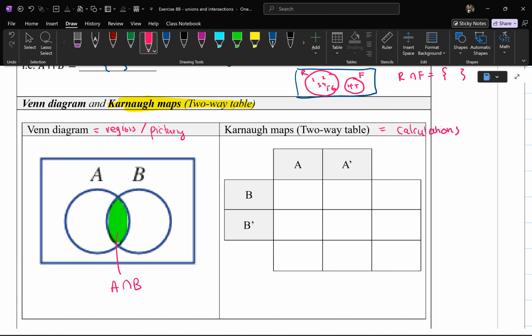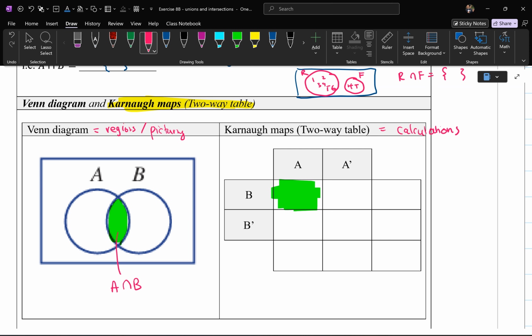This is part of B and also part of A. Which actually is represented in the table here. When you list it out, A and B, this corner here represents the green region. Whatever you put in this region represents that corner there. A dash means not A.